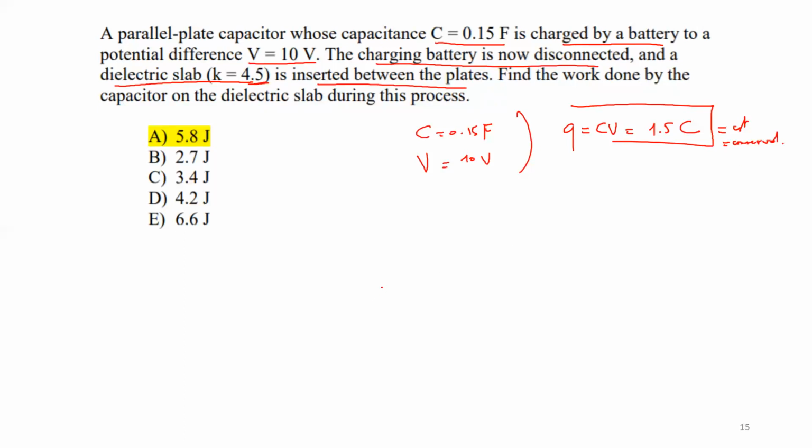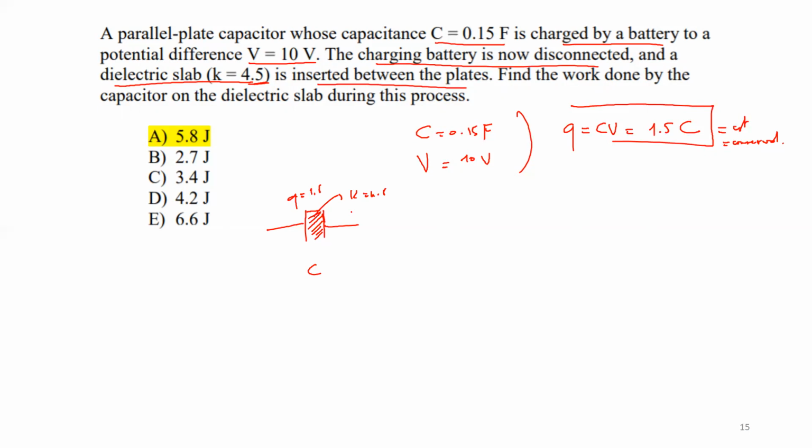Okay. So now I have this charge that I already calculated, which is 1.5, and then I insert a dielectric material, and the dielectric constant is 4.5. And I'm asking you, what is the work done by the capacitor on the dielectric slab during this process?